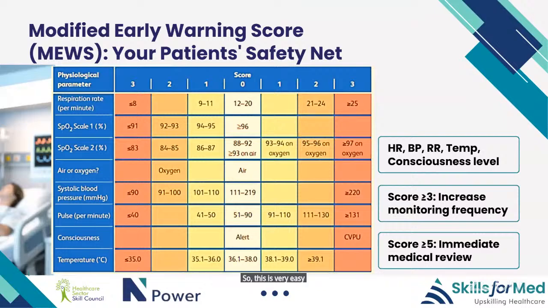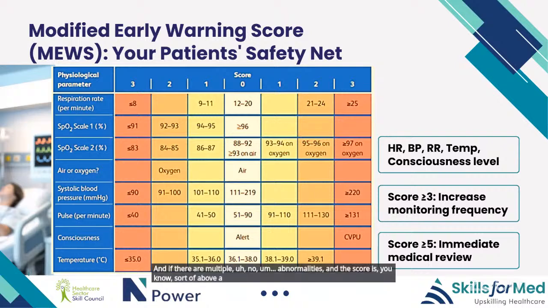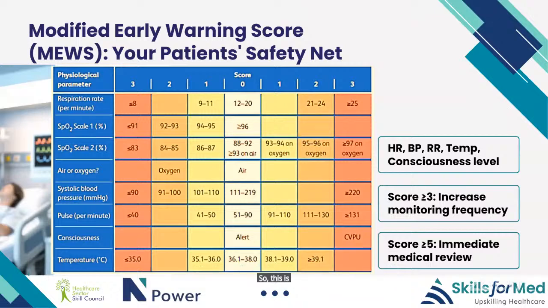If you have a MEWS chart, anybody in the red area, your red flag goes up, and you will escalate care. And if there are multiple abnormalities and the score is above a certain level, then again the escalation will go. So this is a very objective way. This was introduced initially in the United Kingdom in the NHS hospitals as the National Early Warning Score, NEWS.